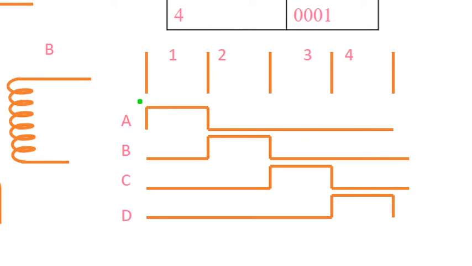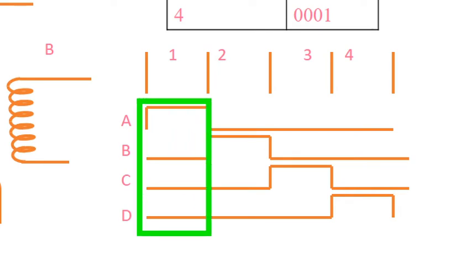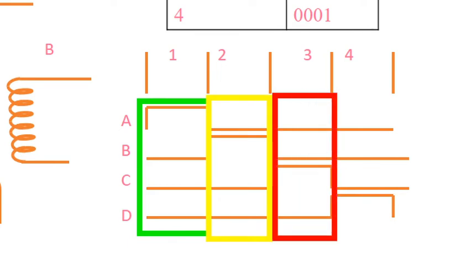During the first case, A only is having the high. Now during the second case, if you observe this one, then B only is having the active high pulse. During the third case, C only is having the active high pulse. This one is the only active high duration. Remaining are active low.